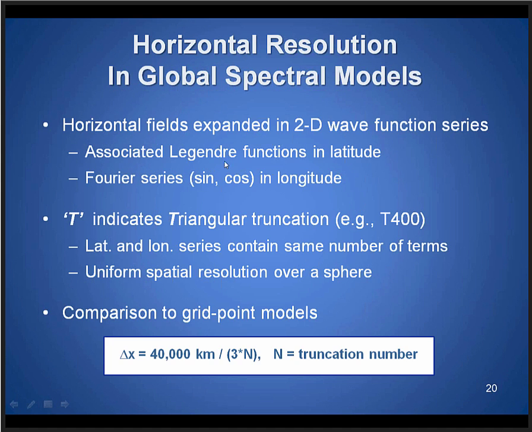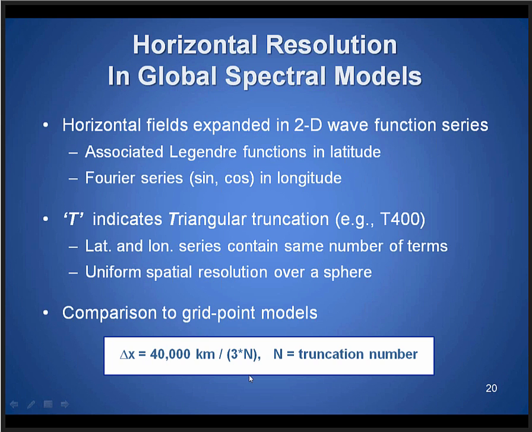So one way to describe different models is to say, well, roughly how much resolution they have. That is, what are the finest scale features that they can depict. And so you may have ones that are indicated to be, for example, triangular truncation, which is how many waves around the world it is representing the atmosphere. Others may use grid point models.